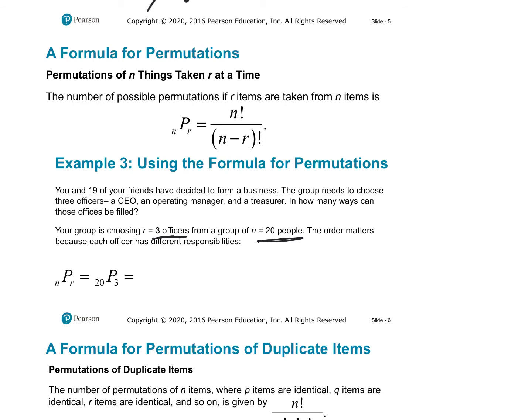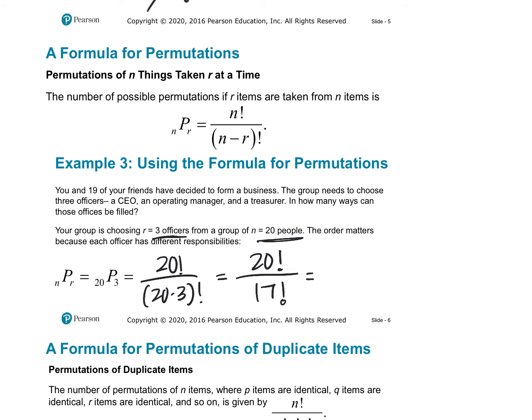So that's going to be your nPr, 20 permutations of 3. We write it as 20 factorial over (20 minus 3) factorial. You do that inside the parentheses first. So 20 minus 3, we get 17 factorial.